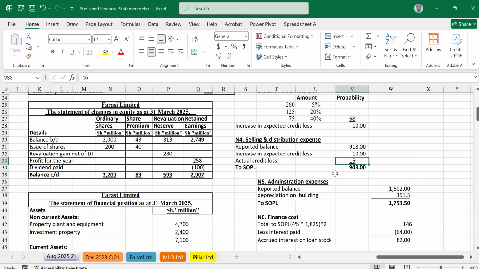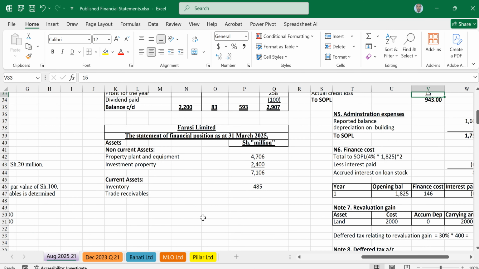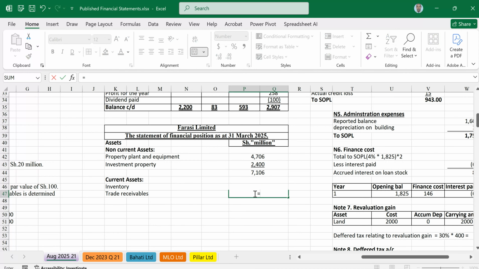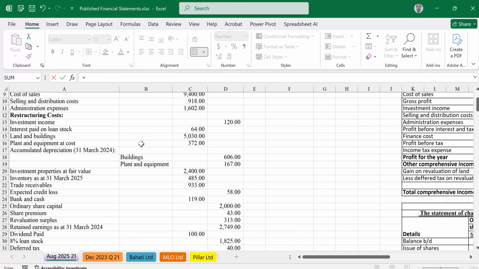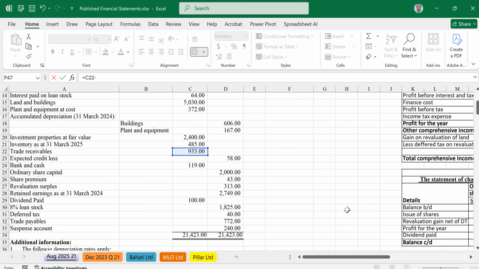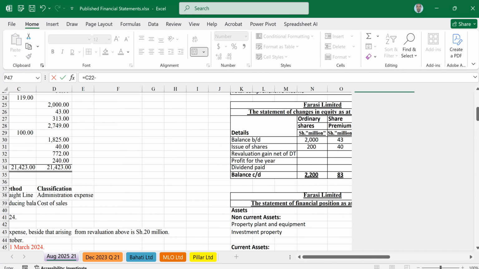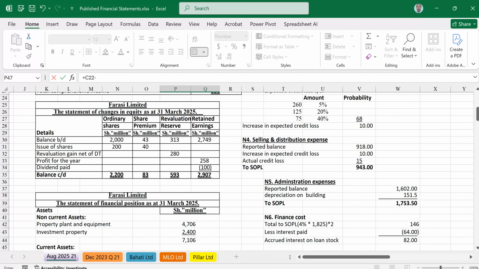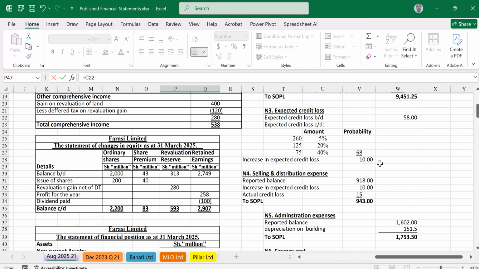Since we have those two things, trade receivables will be equal sign, then the receivables in the trial balance are 933 minus, move down to the notes, less allowances at the end of 68.